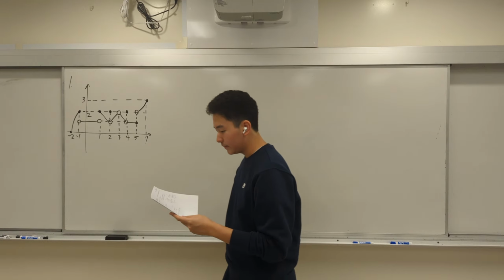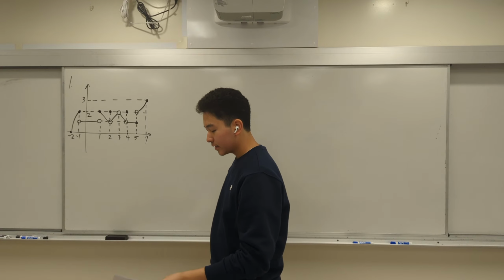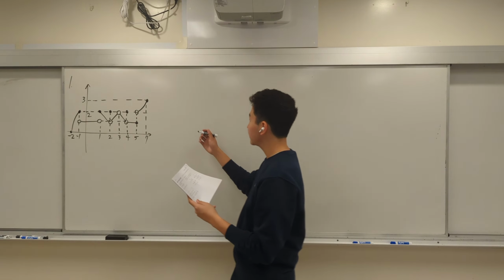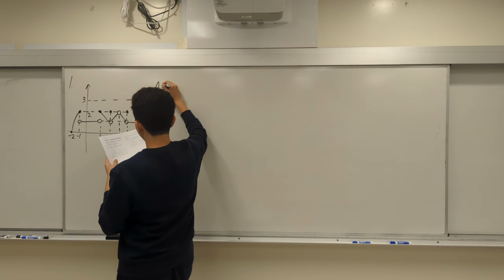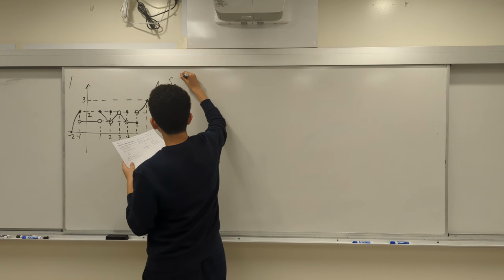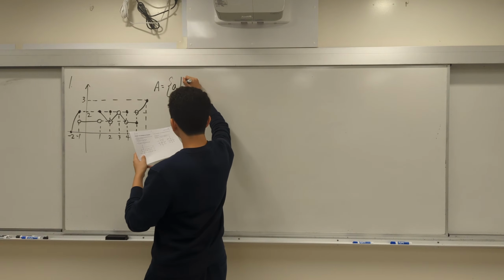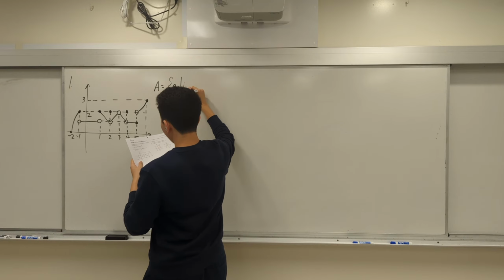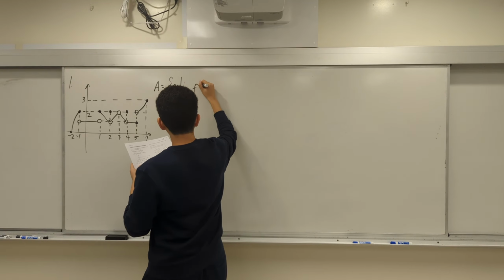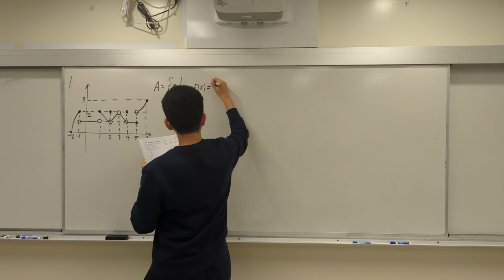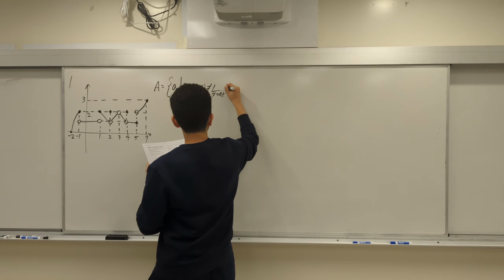So this is what our function looks like. It's defined from -2 to 7, so on that closed interval, and we're given 2 sets. Set A equals, remember, the bar method, the condition on the variable is on the right, all A such that the limit as x goes to A minus of f of x is not equal to the limit as x goes to A plus of f of x.